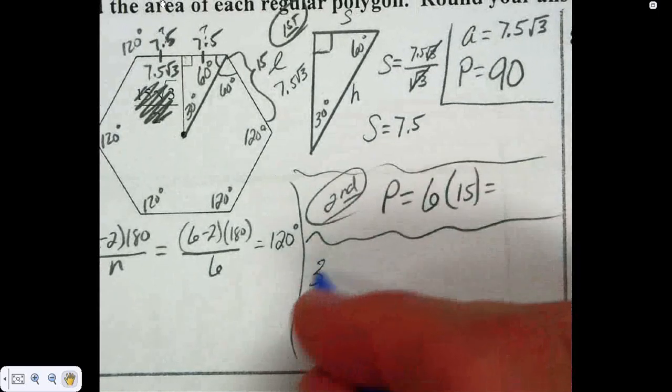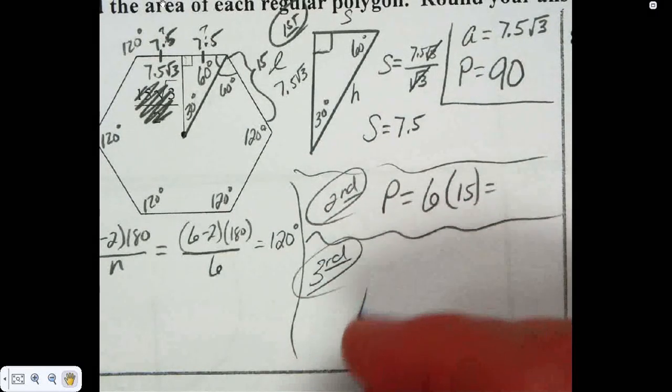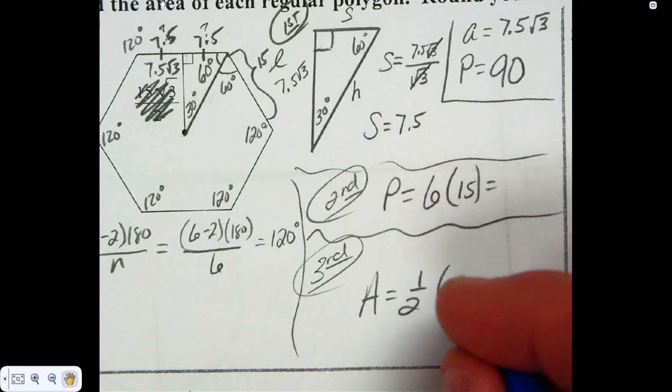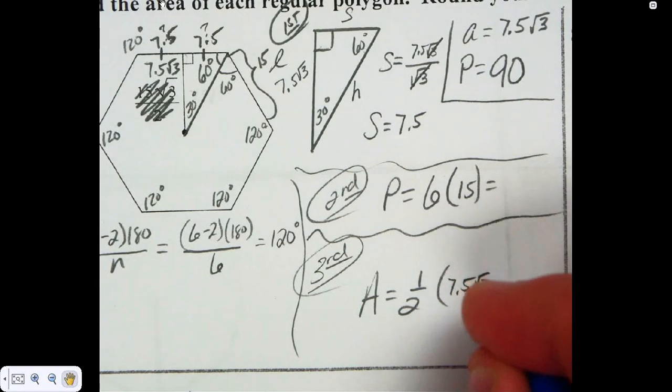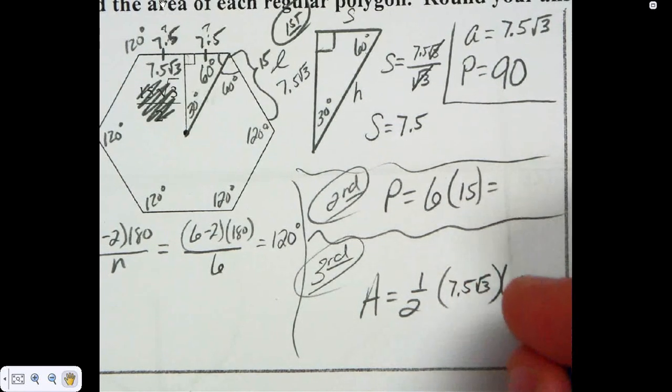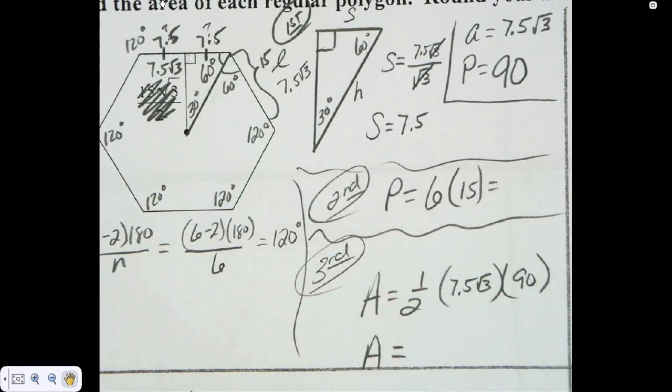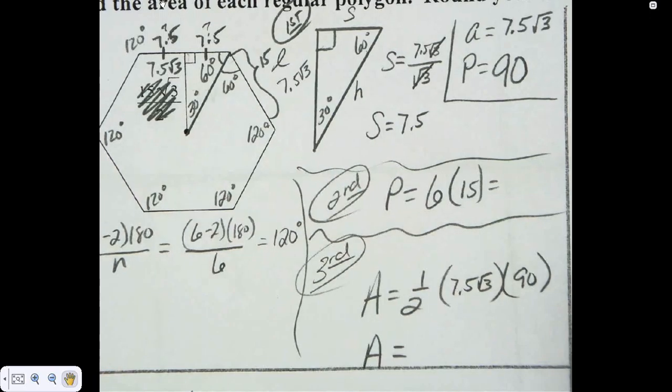Third thing I do, area is equal to 1/2 apothem, which is what? 7.5 square root of 3 times the perimeter, which is what? Well, am I supposed to round this to the nearest tenth?